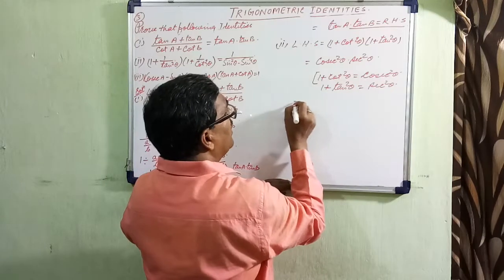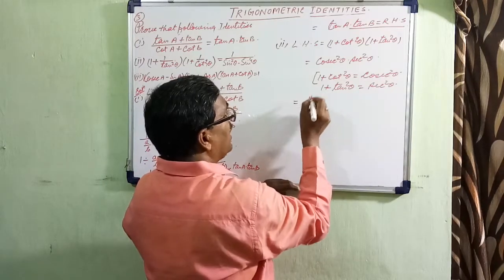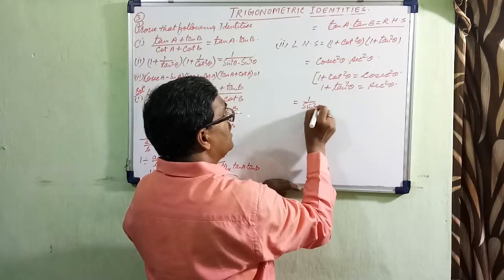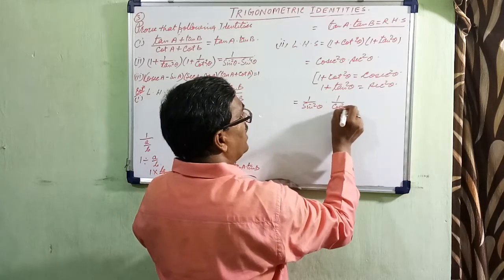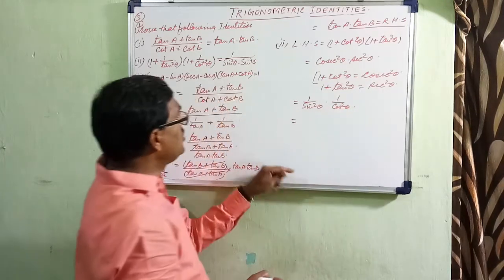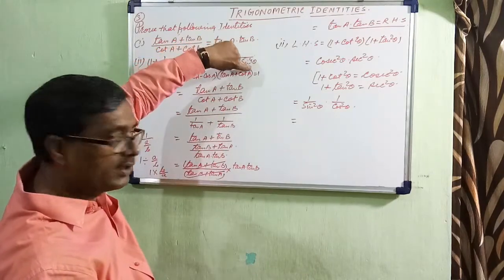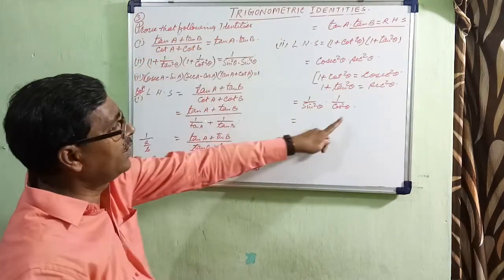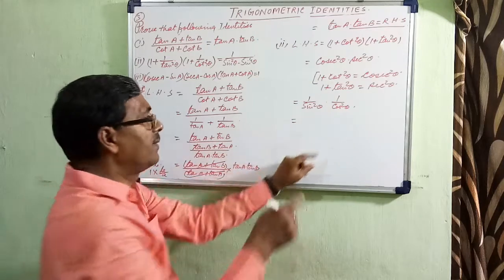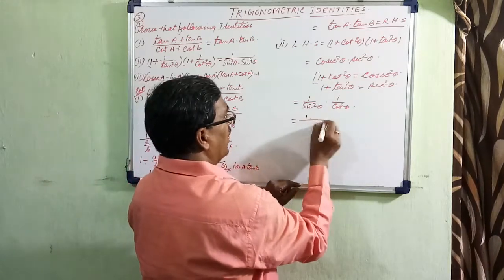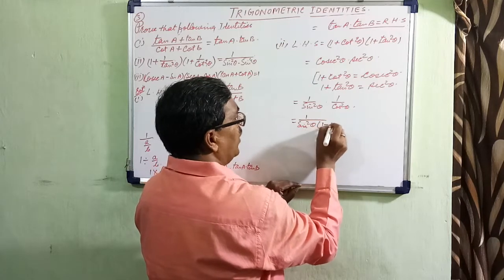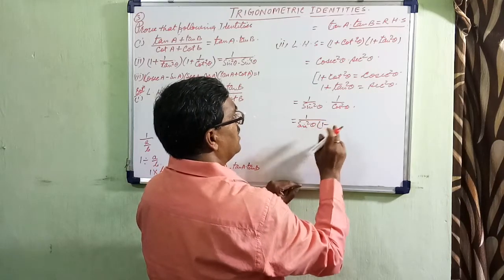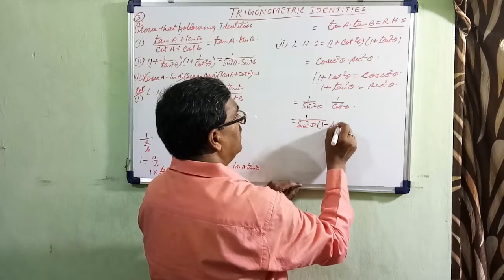And then you convert into sine and cos. Cosec can be written as 1 by sine square theta, and sec can be written as 1 by cos square theta. And now, what is your RHS? Both are in the sine form. Here is cos, you convert into sine. How? 1 by sine square theta into 1 minus sine square theta.